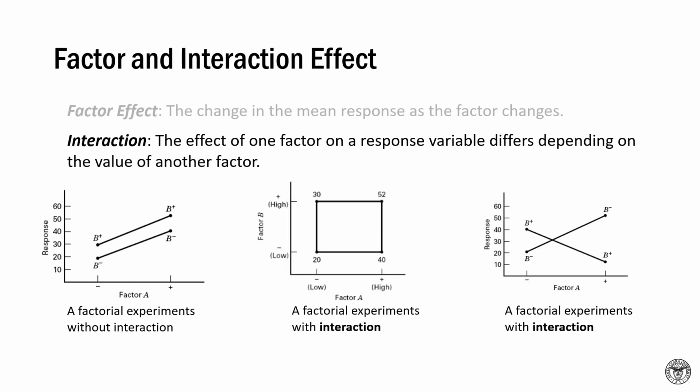The presence of an interaction can complicate the analysis of the experiment, as it means that the effect of one factor depends on the level of another factor, as shown in the middle and rightmost graphs. However, it also provides valuable information about the relationship between the factors and the response variable.